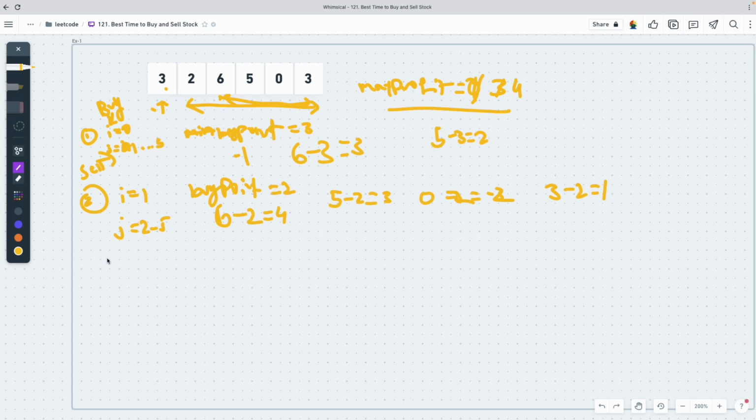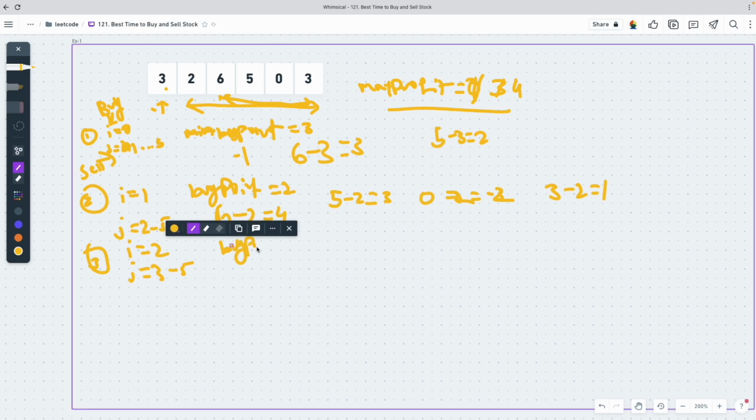Now if we move to the next iteration, which is i is 2 and j is 3 to 5. What is the value of our buy point? i equal to 2, so 0, 1, 2, the buy point is 6 and j value is 3.